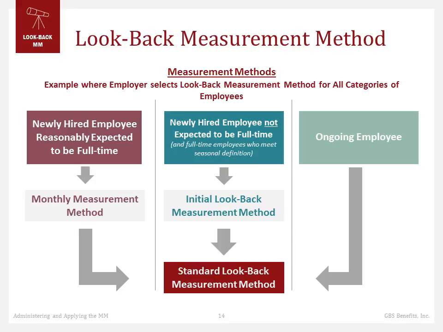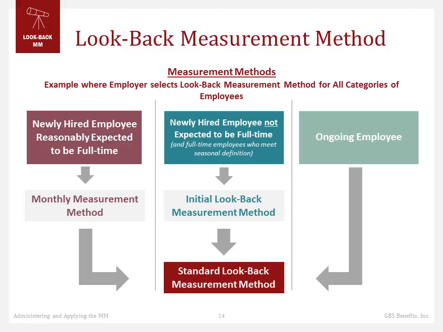And again, here's our chart just as a review. We've got the 3 buckets. Newly hired employees reasonably expected to be full-time go temporarily into the monthly measurement method and are transitioned into the standard. The second bucket is newly hired employees not expected to be full-time and newly hired employees who meet the seasonal employee definition. They go temporarily into the look-back method, but it's the initial look-back because they're newly hired, and then they get transitioned into the standard.